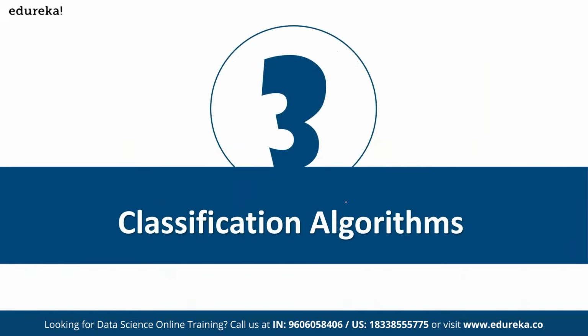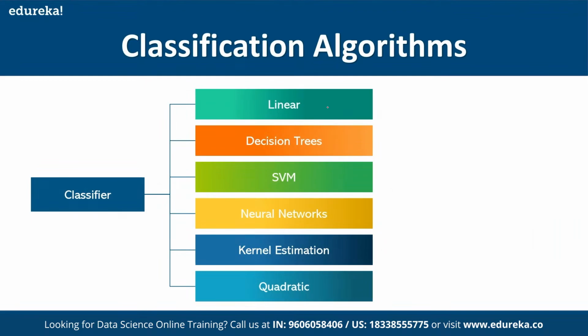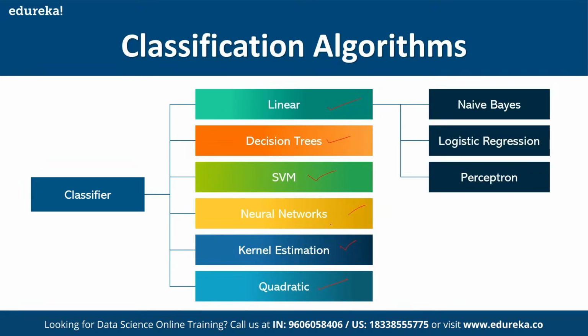Now, which are the classification algorithms? So now you know which kind of problem you are going to face today. You're trying to solve a classification problem. So first you need to know what tools or algorithms are available in order to solve classification problems. They are linear, decision trees, support vector machines, neural networks, kernel estimation, and quadratic.